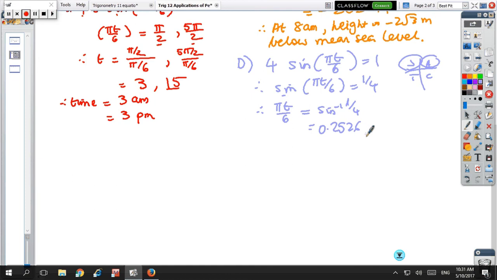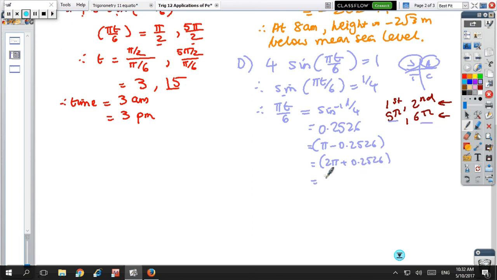So we end up with 0.2526, and that's the first quadrant. So we're looking at 4 answers. We've got first, second, and then fifth and sixth. So first and second is in the first lap. Then on the second quadrant, it's going to be pi minus 0.2526. And then on the fifth, it'll be 2 pi plus 0.2526.